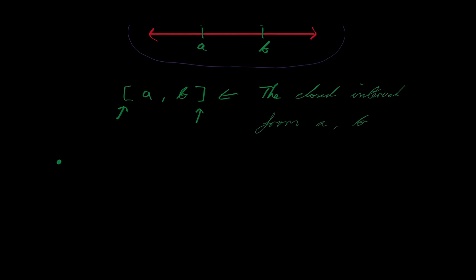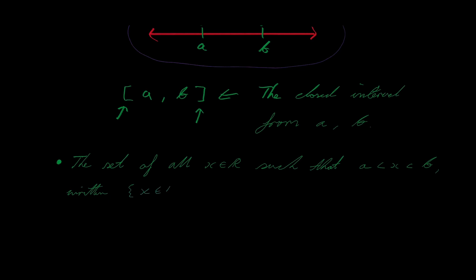So here, the set of all x in the real numbers, or the set of all real numbers x, such that A is strictly less than x, which is strictly less than B. Written in set notation like this: the set of all x in the reals, such that A is strictly less than x, which is strictly less than B.